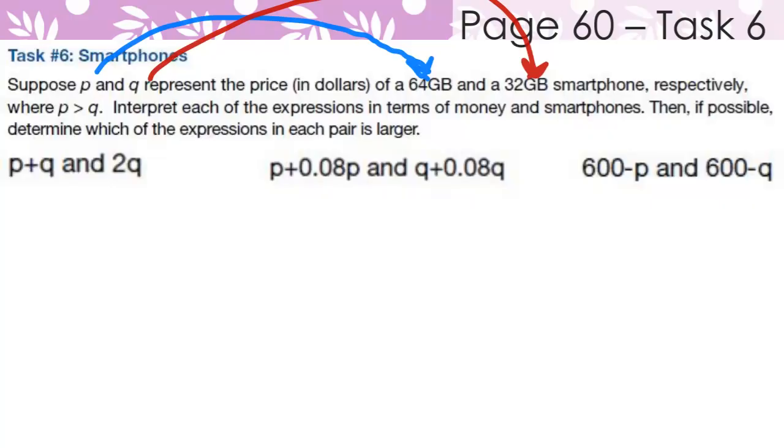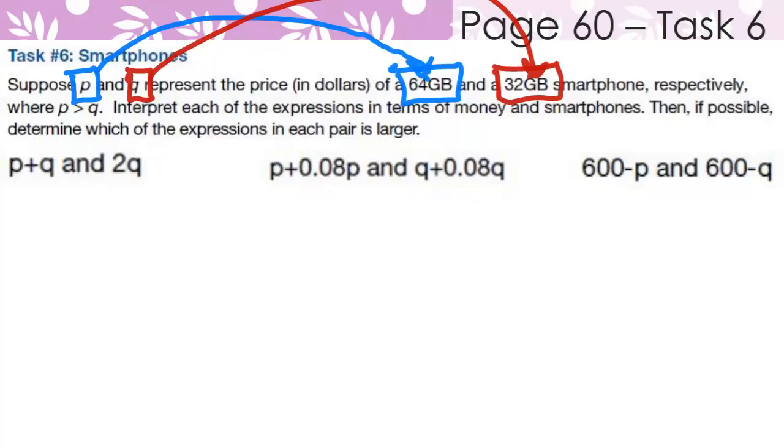So P is the 64 gigabyte, and Q is the 32 gigabyte smartphone. For the first example, P plus Q and 2Q, ask yourself, what does each of these represent and which one of these is larger according to what is being said in the problem? Try that and I'll be right back.